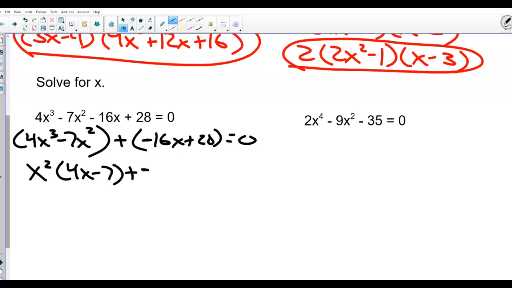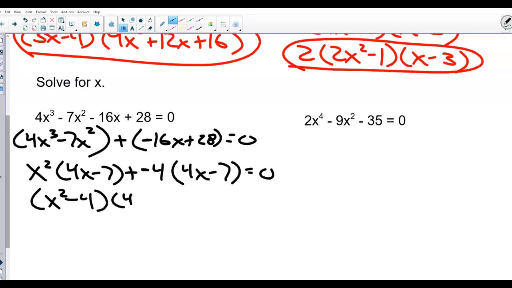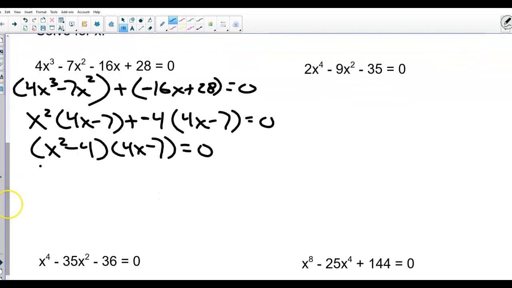It's negative 4, and we're left with 4x minus 7. So now, x squared minus 4, 4x minus 7. We want to factor completely. So it's x minus 2, x plus 2, 4x minus 7.